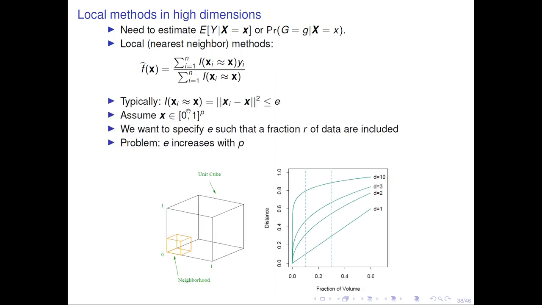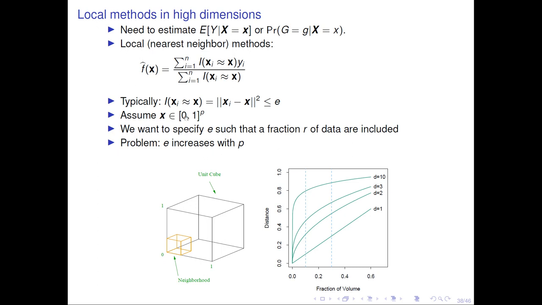There are two typical ways. One is to say that we make a restriction: all points that are closer in distance to x than a value e, we include. That could be a pre-specified value e. The alternative that we have seen is to take the 10 closest points or the 15 closest points.